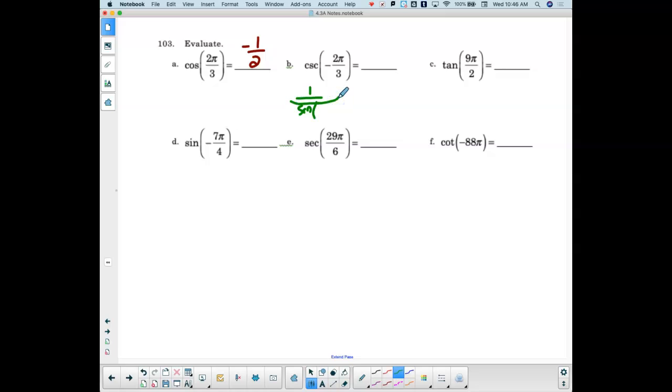So this is 1 over the sine of, really it's 4 pi over 3. If I go over here to my unit circle, if I go negative 1 pi over 3, negative 2 pi over 3.